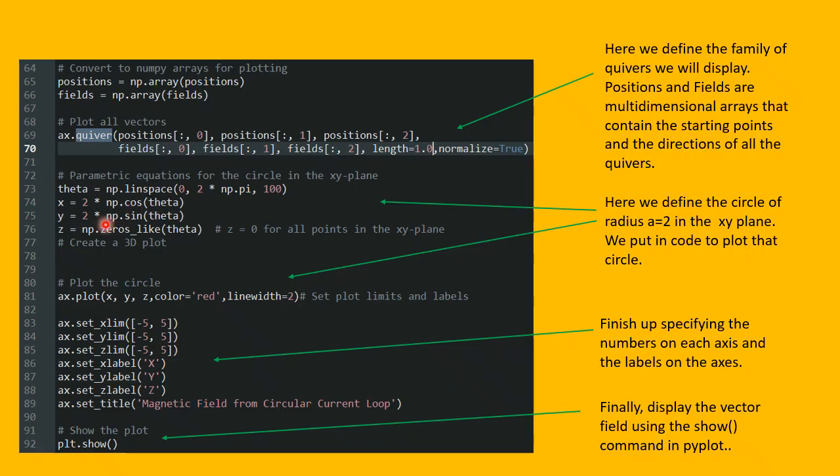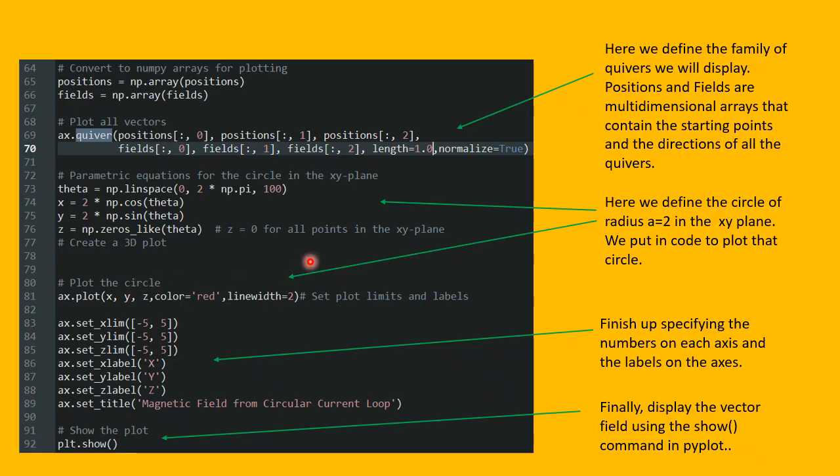I should have said cosine theta here: x equals 2 times cosine theta, y equals 2 times sine theta. And z is just going to be 0 in our case, since our points are in the xy plane. The z-coordinates of all of the points on that circular loop are going to be 0. So this is code that's going to define our circle.